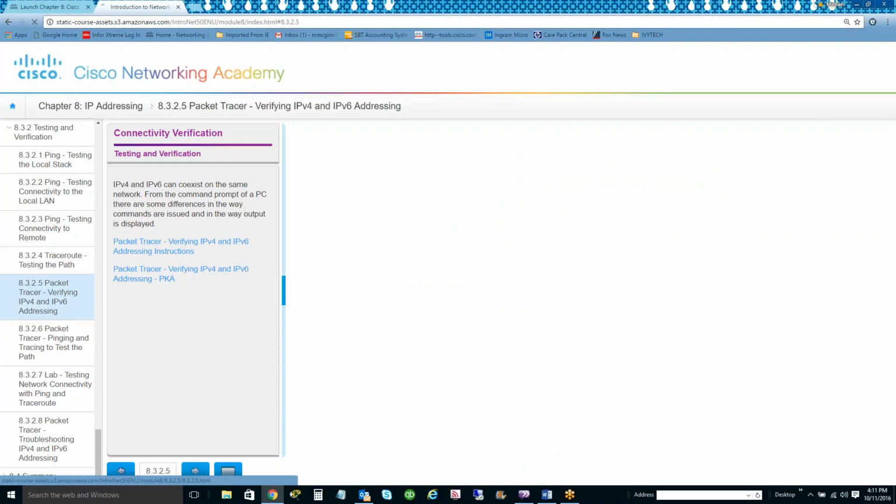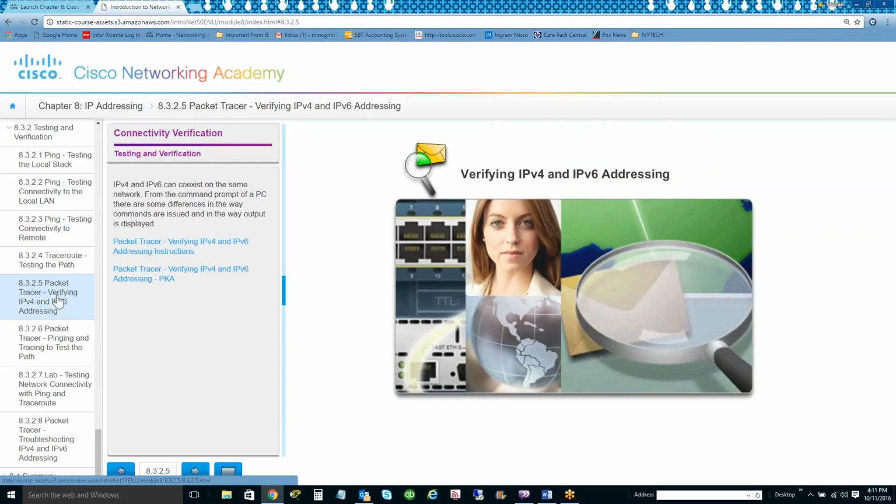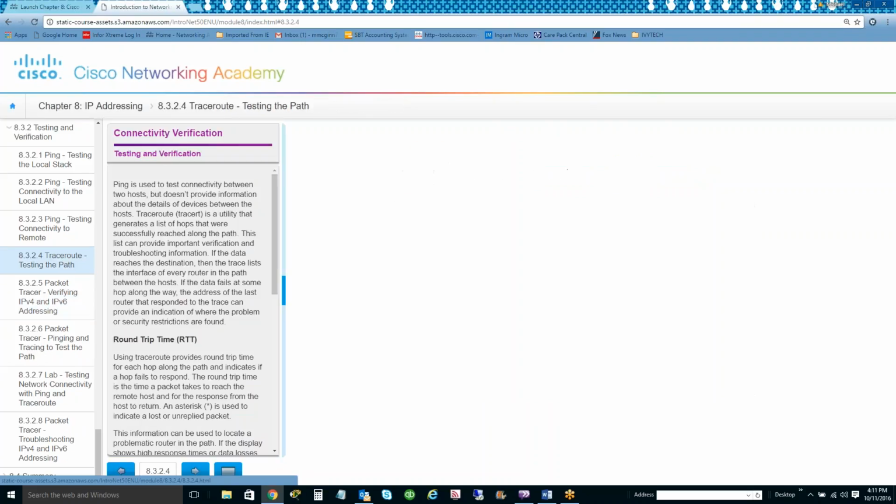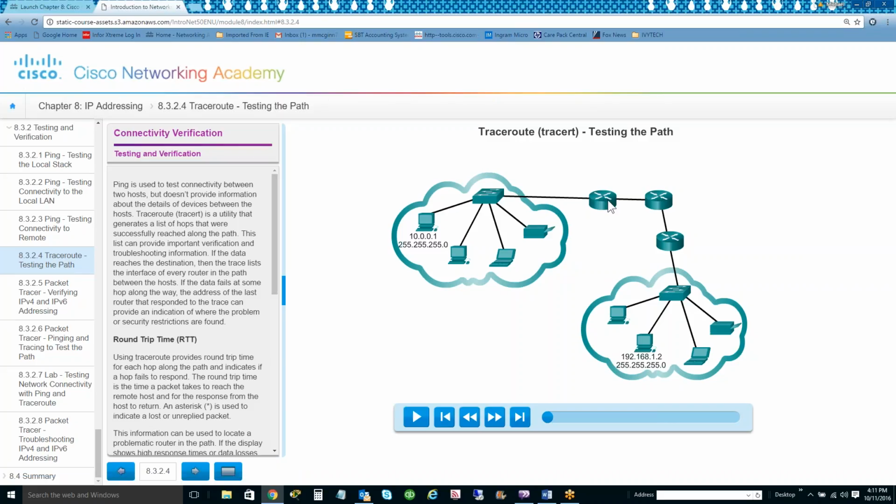Traceroute is where you trace the path from host to destination, and it'll show you the hops it goes through to get there. Most of these you probably have used or are somewhat familiar with. There's a nice Packet Tracer in 8.3.2.5 on learning how to use these commands for both IPv4 and IP version 6.